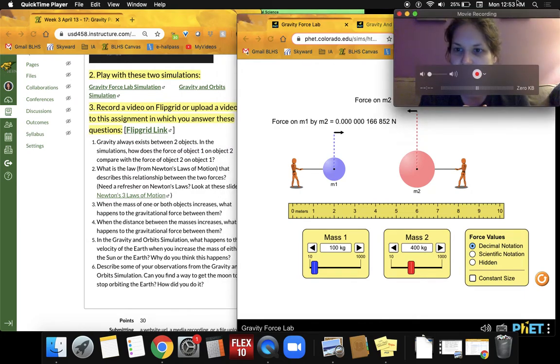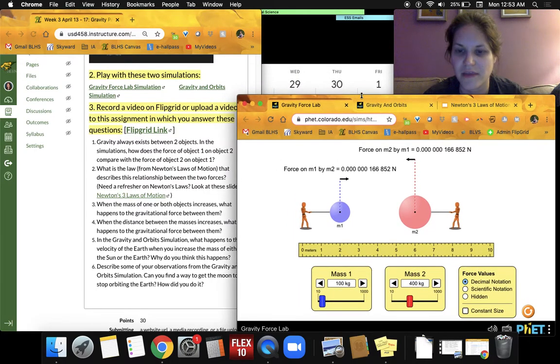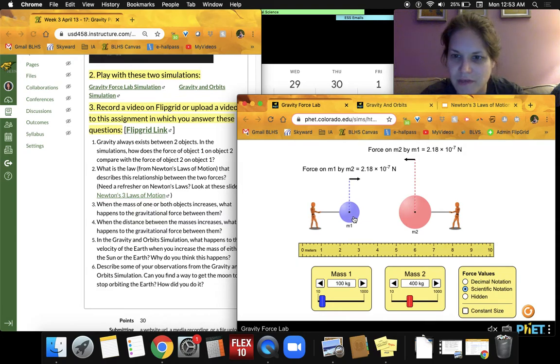It might be a little easier to look at the numbers if you click scientific notation, and then you can compare those numbers more easily. What I want you to see is that if I move them closer together, that number does increase, but notice it's the same for both of them.